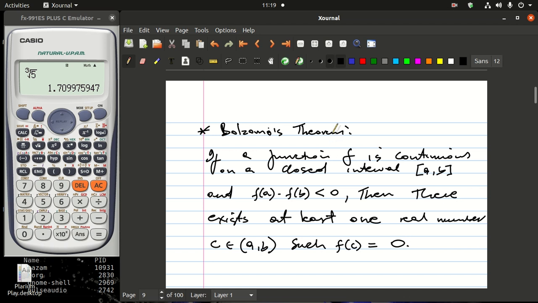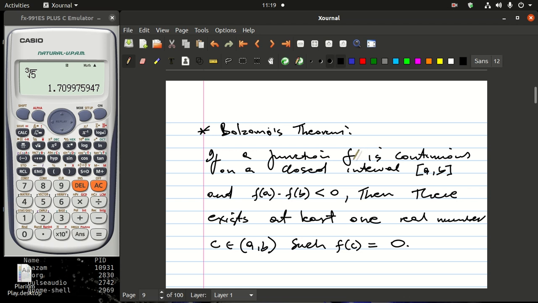So Bolzano's theorem is saying this: if I take this value and I plug it in f of x, I get a positive value, and when I'm plugging this there, I get a negative value. Or I plug in this one here, I get a negative value, and this one, when I'm plugging it there, I get a positive value.